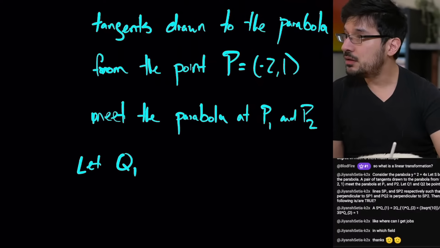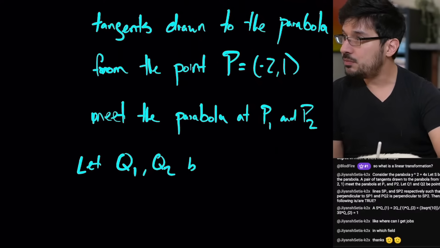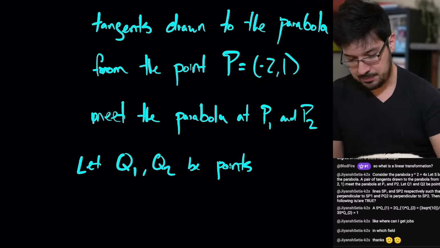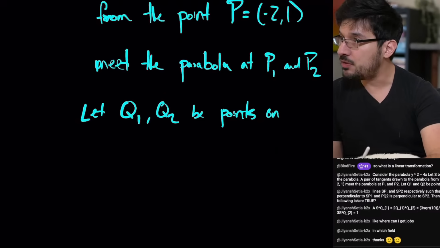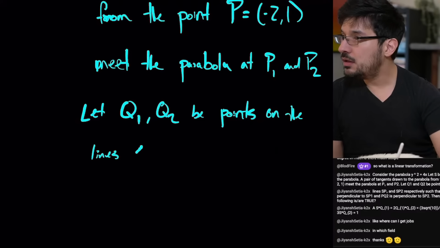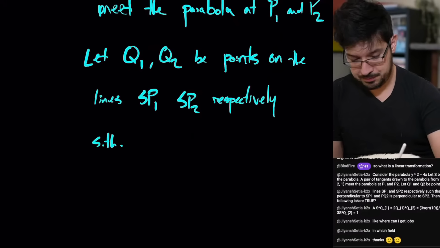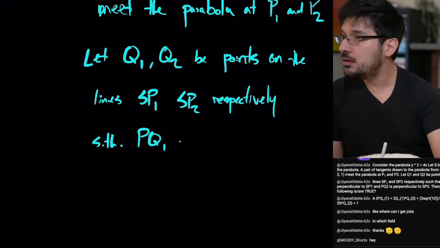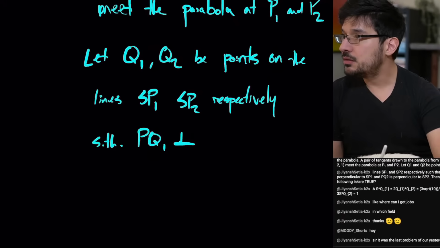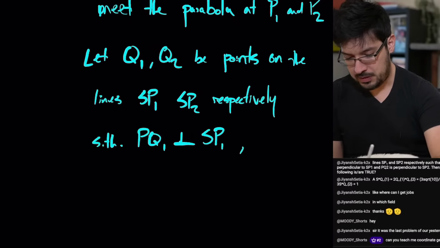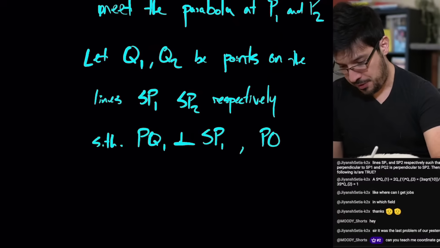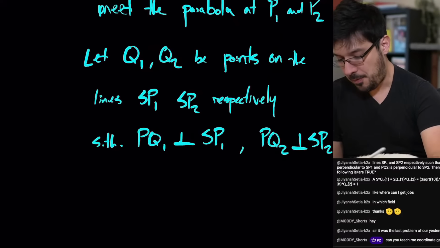Let Q1 and Q2 be points, yeah, this is a hard problem, on the lines SP1 and SP2 respectively, such that PQ1 is perpendicular to SP1, and likewise PQ2 is perpendicular to SP2, right?